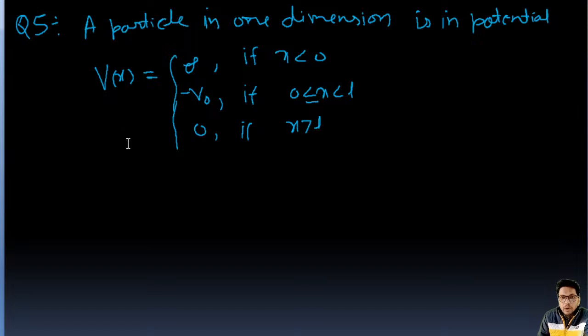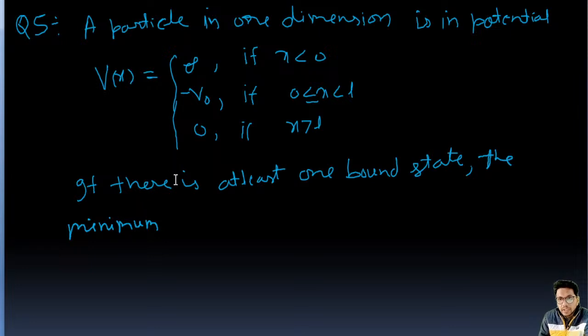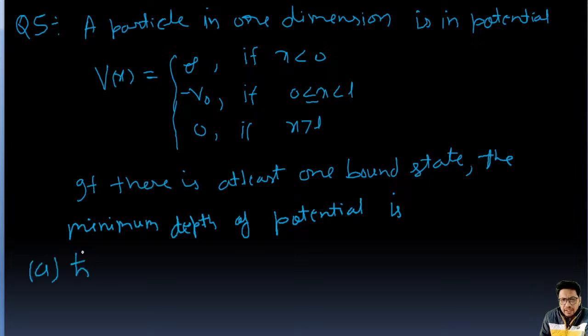If there is at least one bound state, the minimum depth of the potential is... Options are: option A, h cut square pi square upon 8 m L square.